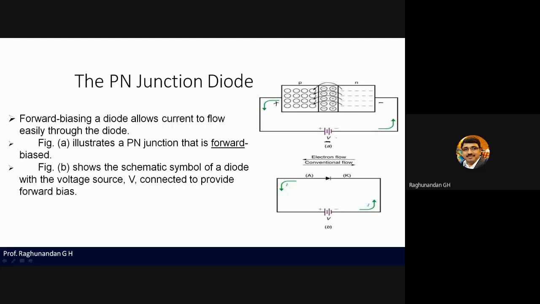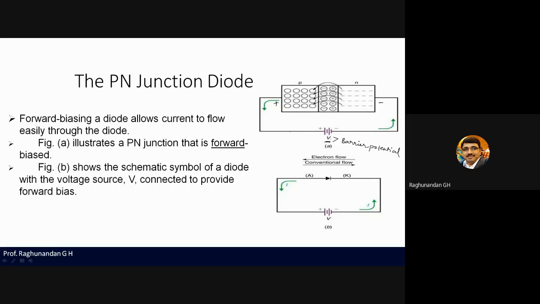The voltage given from the power supply should be greater than the barrier potential. Now the question is why it should be greater than the barrier potential.